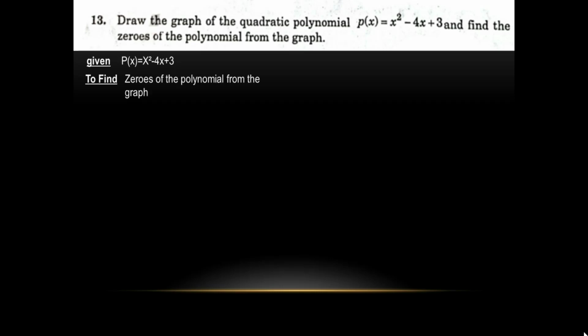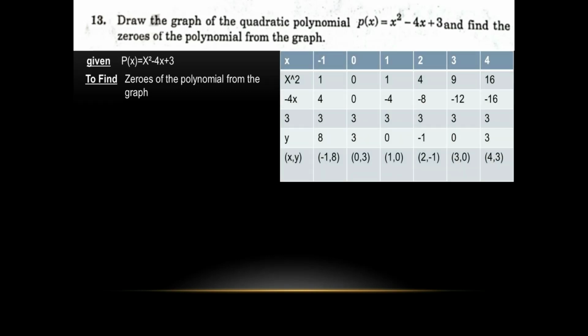So in order to draw the graph, we have to create one table. So this is the table. We have to take the first term, that is x square, in the first row of the table. Then we take x as minus 1 here. So we substitute x as minus 1 in x square, and we get 1.